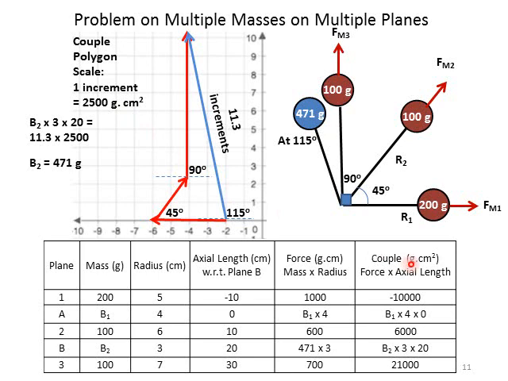So the unit of couple is gram centimeter square. One box movement is 2500 gram per centimeter square. In the case of the first, we have to draw a couple of -10.